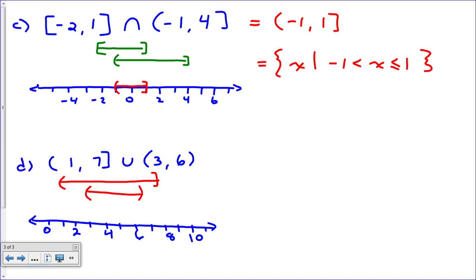Okay, so because it's the union, it's everything that either one covers. So really you can see that the solution is actually the same as the first interval because the second interval is completely contained within the first interval. So our solution set is actually from 1 to 7 with a square bracket.